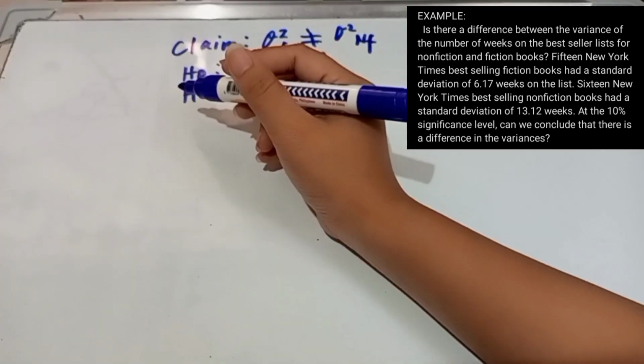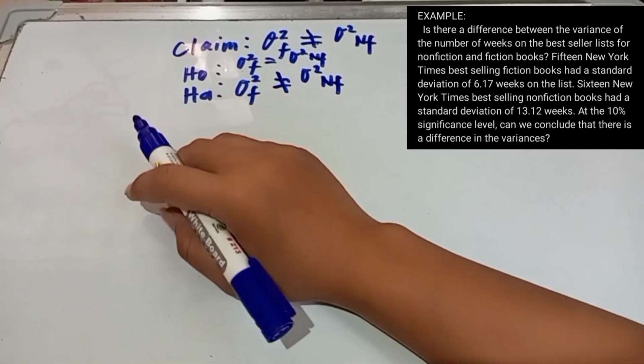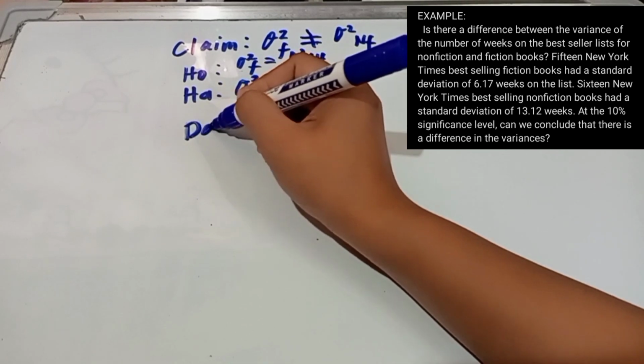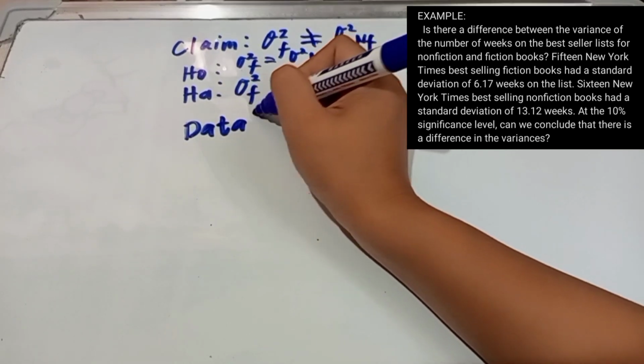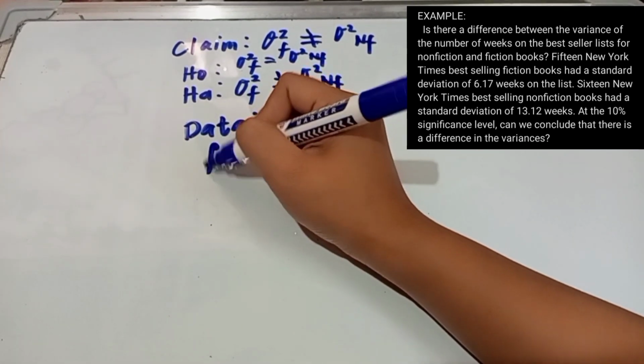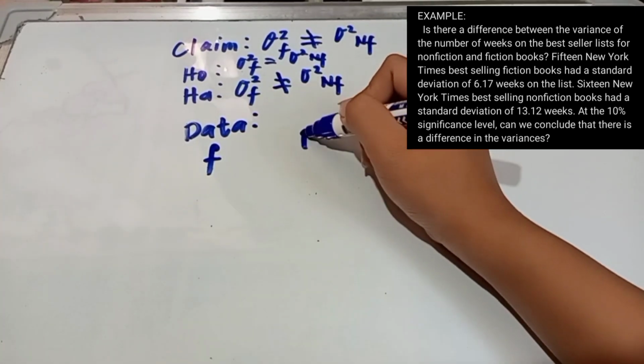Next, we need to write down the data of the example. Data of fiction and non-fiction books.